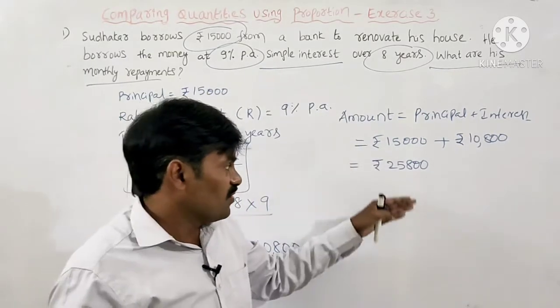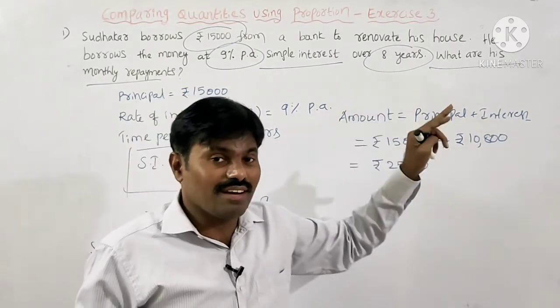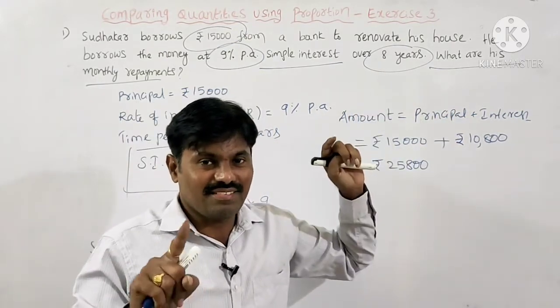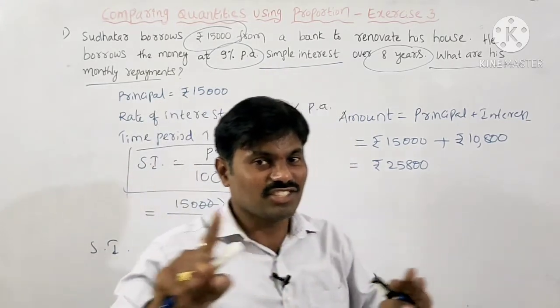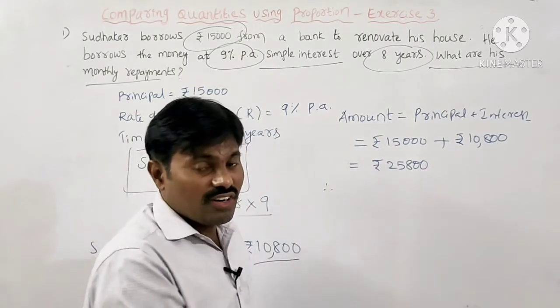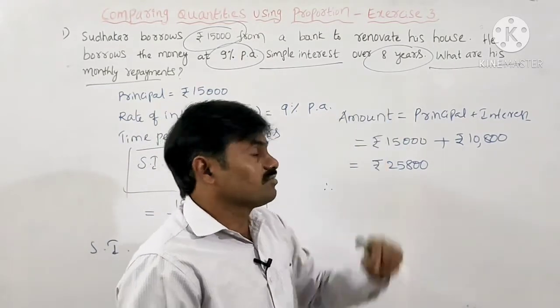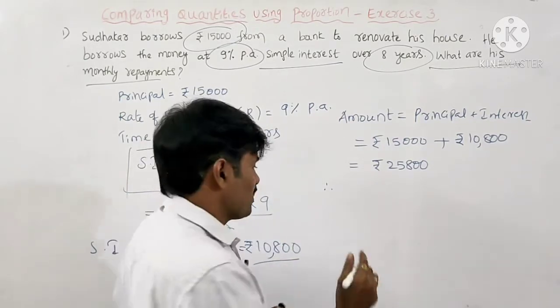So we have to divide this total amount into 8 into 12 months, because each year has 12 months. 8 years means 8 into 12. 12 8s are 96. You have to make 96 parts.